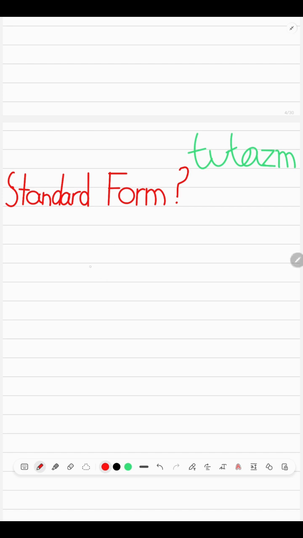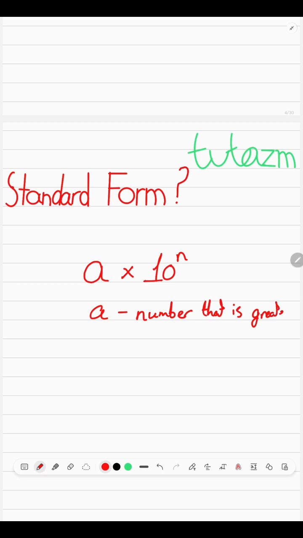Now standard form is writing a number in the form a times 10 to the power of n, where a is a number that is greater than 1, actually greater than or equal to 1, and is less than 10.